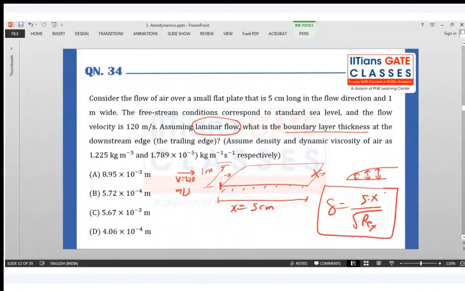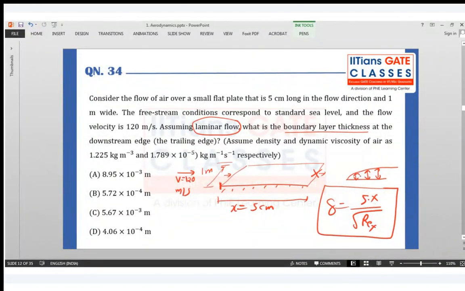And not only the boundary layer thickness, there are momentum thickness, energy thickness, two or three formulas. You will get them in any standard fluid dynamics book, and in Bansal also it is there. When you study the laminar flow boundary layer thickness, there you will get it, so that you can revise later.